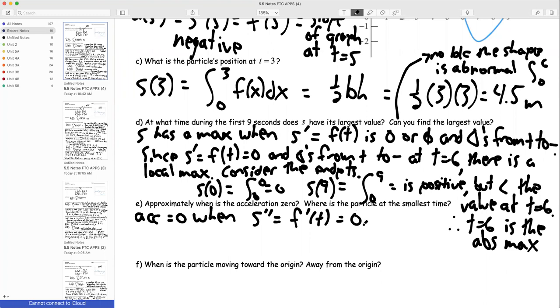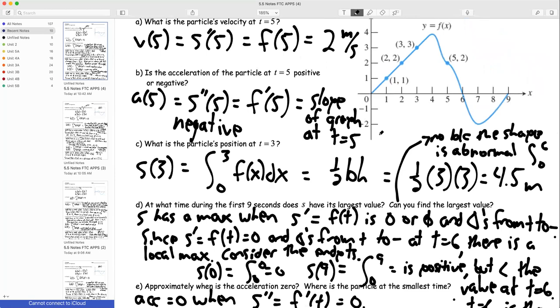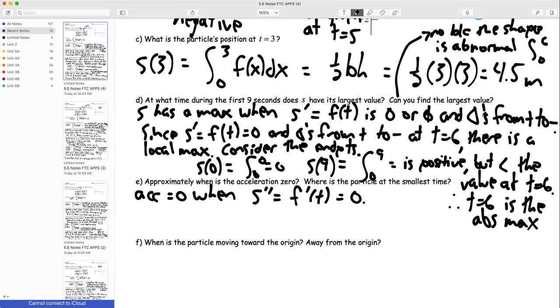According to the key that I wrote at the top of the problem, I'm looking at the slope of the graph. I'm looking at F prime. Where does it appear to be 0? At 4 and at 7. So this is at t equals 4 and at t equals 7.